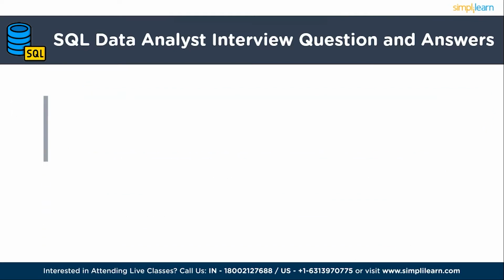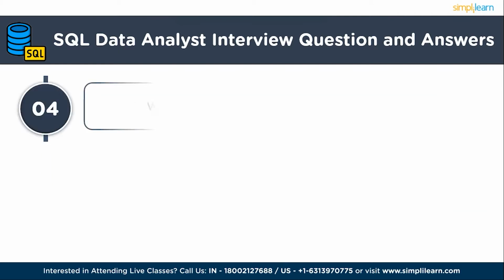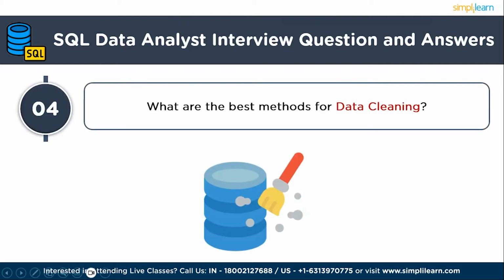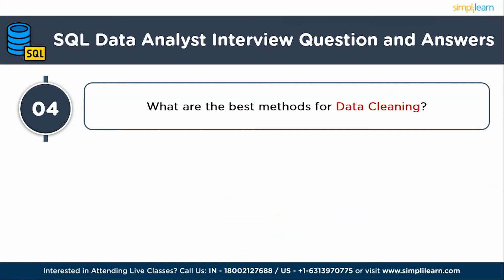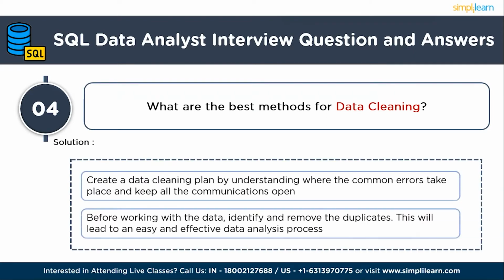Moving on to the next question, what are the best methods for data cleaning? Here we will discuss 3 or 4 methods. The first is to create a data cleaning plan by understanding where the common errors take place and keep all the communications open. Before working with data, identify and remove the duplicates. This will lead to an easy and effective data analysis process.